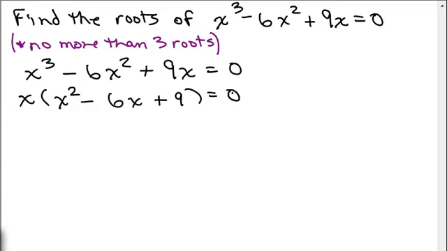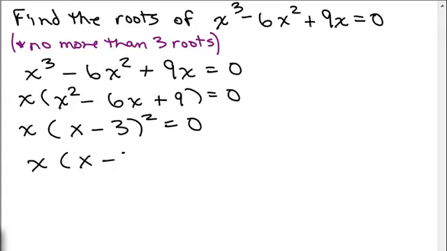And then we have to see if we could factor any further. x squared minus 6x plus 9 is a perfect square. So we could write that as x times x minus 3 squared. Or if you didn't notice that, maybe you just wrote that as x times x minus 3 times x minus 3 equals 0.